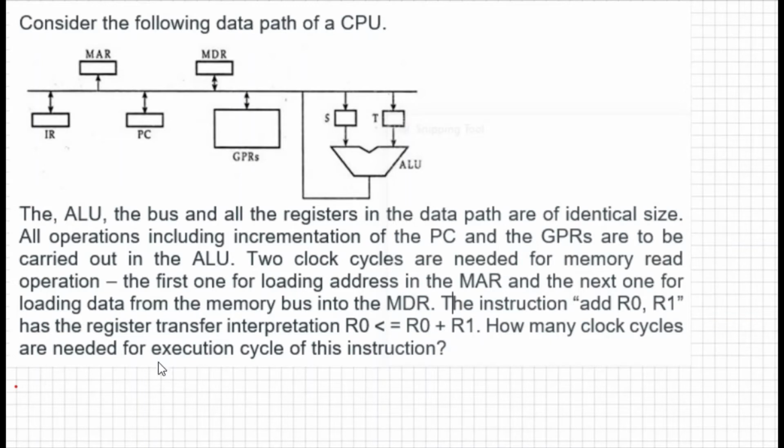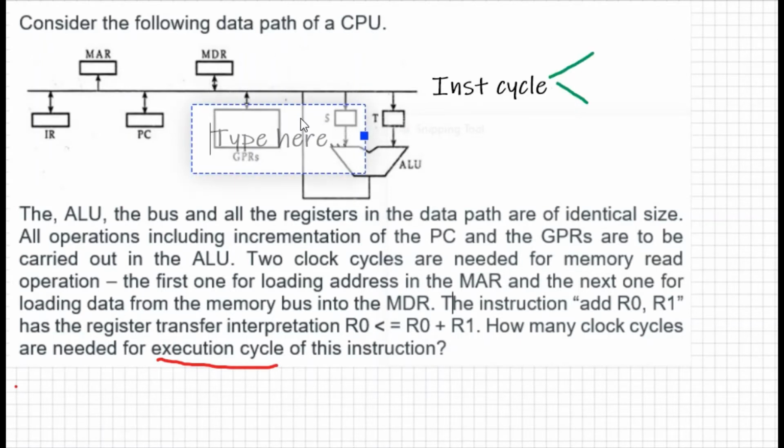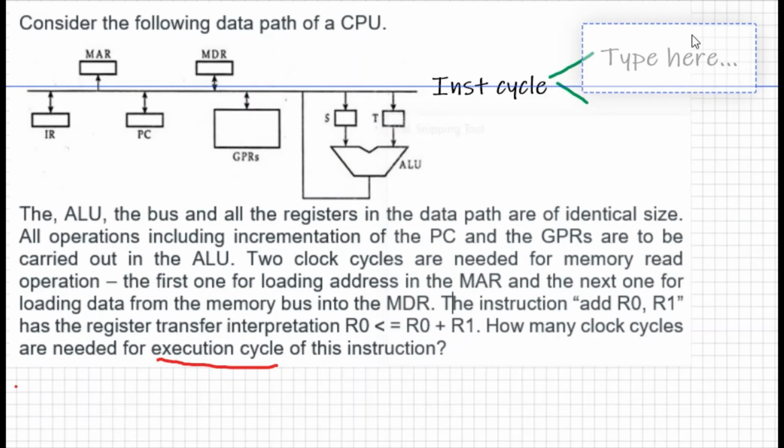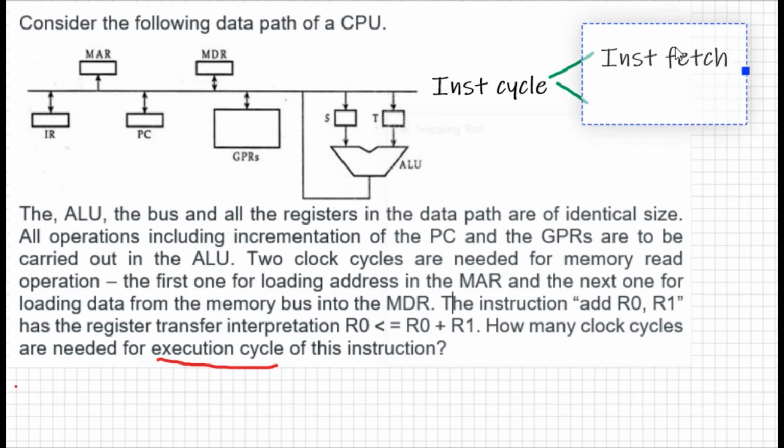Remember this thing: execution. It is not asking about the instruction cycle, because that has two parts. So we will write it here. The first one is the instruction fetch cycle, and the next one is the execution cycle.